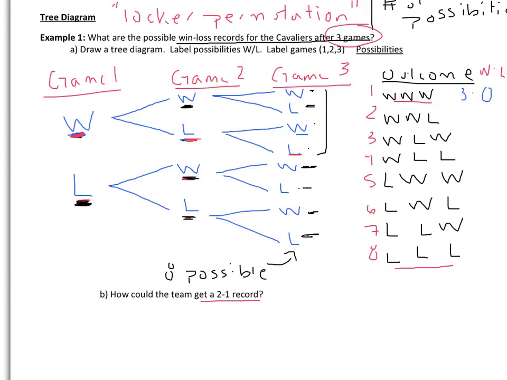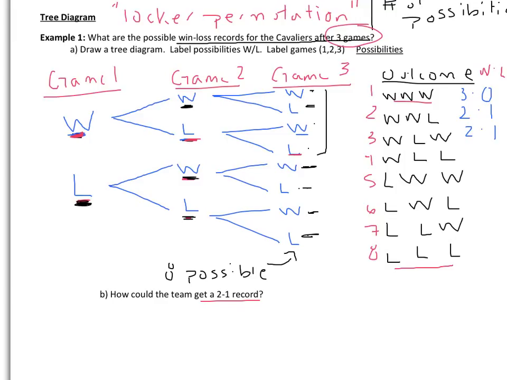For that second possibility, they won 2 but lost 1. For that third, they won 2 but lost 1, even though it was in a different order. In the second possibility, they won 2 games in a row but lost the last. In the third, they won 2 games on either end but lost the middle, but they still have a 2-1 record.